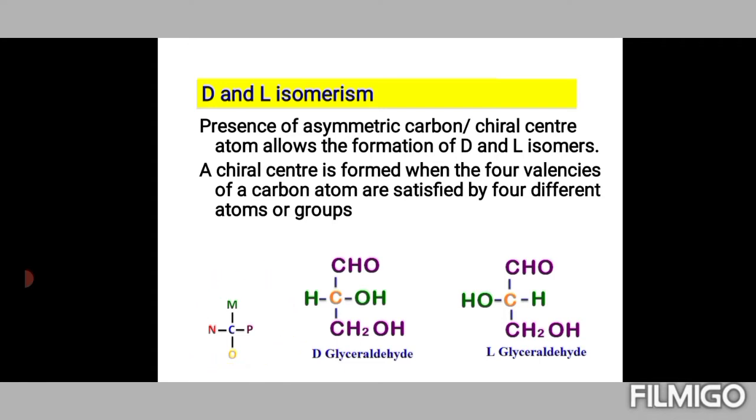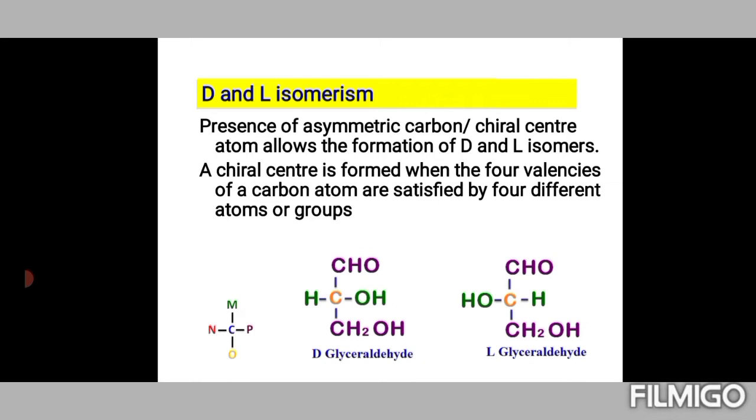The chiral center is the carbon atom whose four valencies are satisfied by attachment to different kinds of atoms or groups. So there is no symmetry. The central atom is attached to different types of atoms or groups.